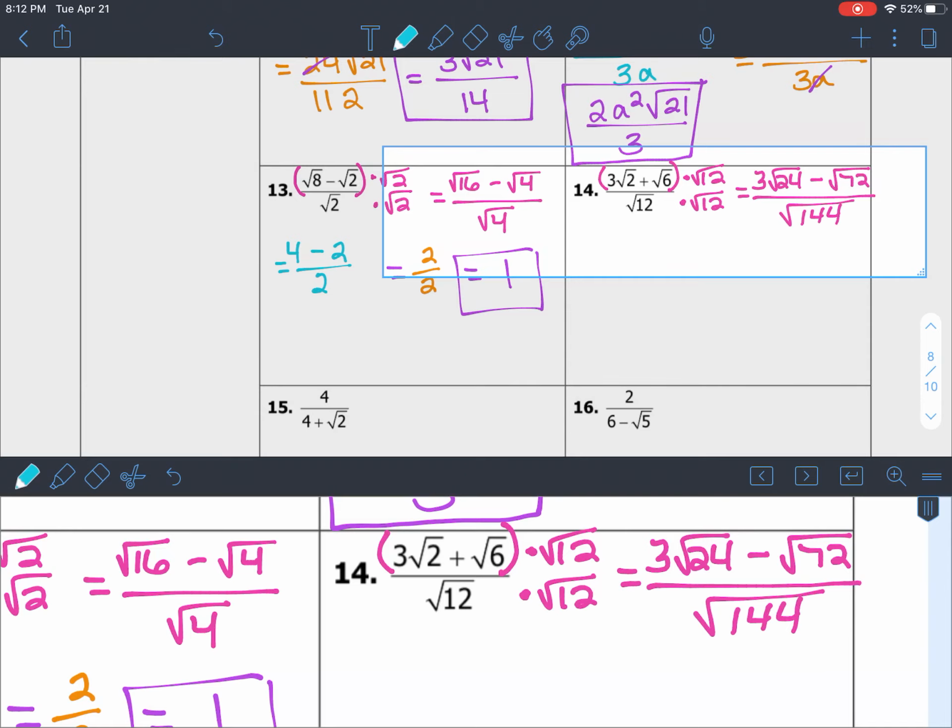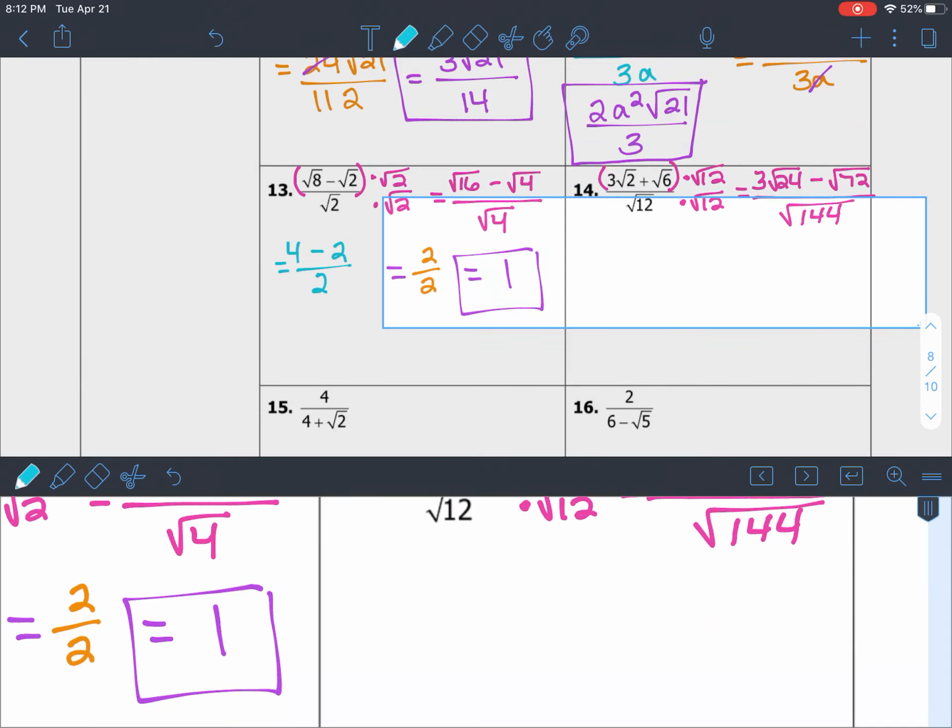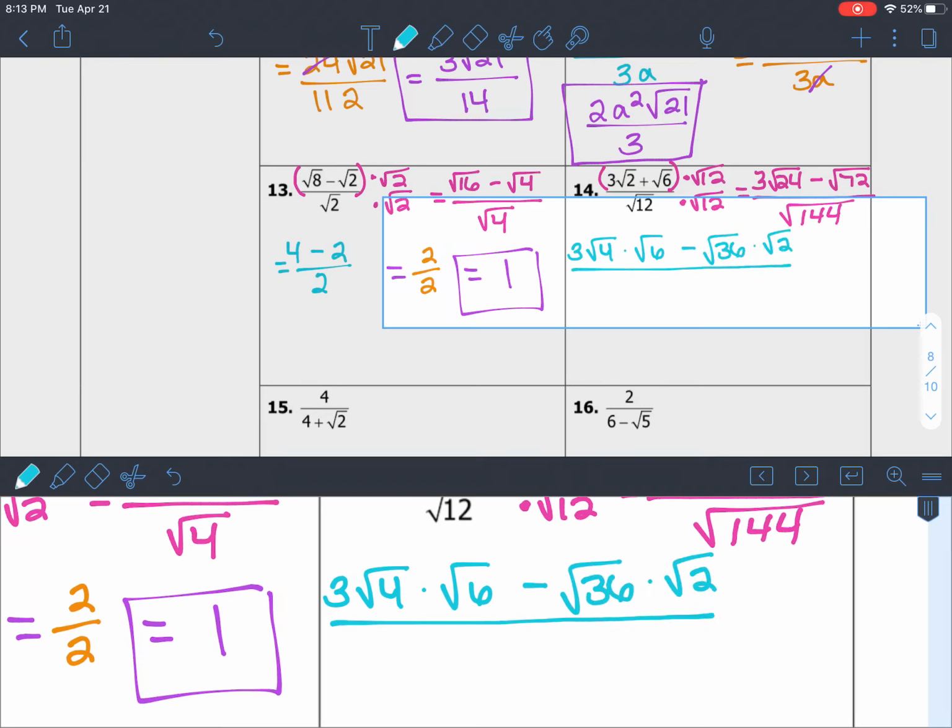So from this step, I'm going to start by breaking down the square root of 24, which can be broken down into 4 and 6. And then I need to break down the square root of 72. 72 can be broken down into the square root of 36 and the square root of 2. And then that's all over the square root of 144, which is just 12. That's a perfect square.